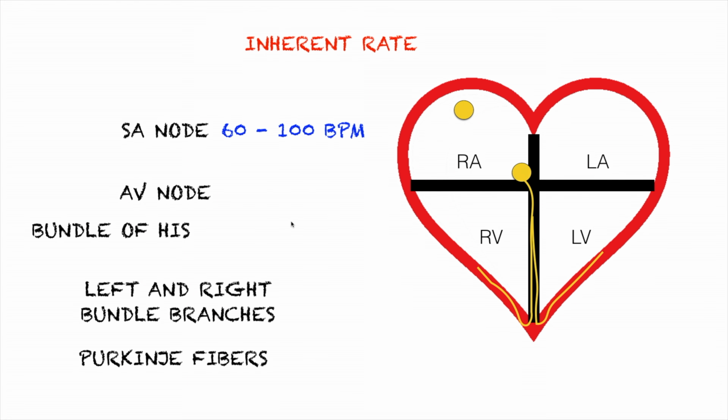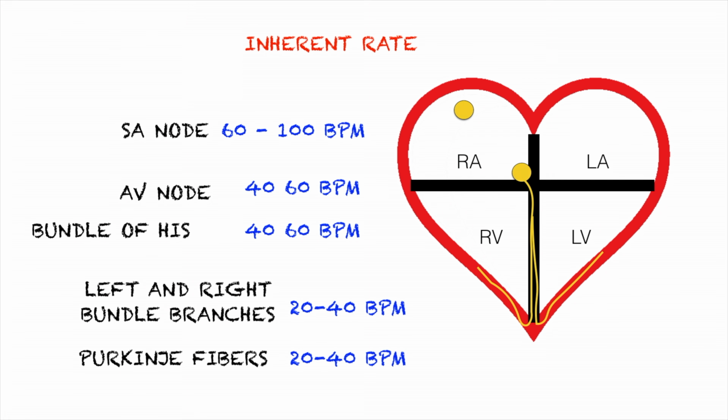But if the SA node fails, then the AV node will generate its own impulse, and this will give us a heart rate of between 40 to 60 beats per minute. The AV node and the bundle of His can actually generate a heart rate of 40 to 60 beats per minute. If the AV node or the bundle of His fail, then the left and right bundle branches and the Purkinje fibers can take over, and they're able to generate a heart rate of 20 to 40 beats per minute.